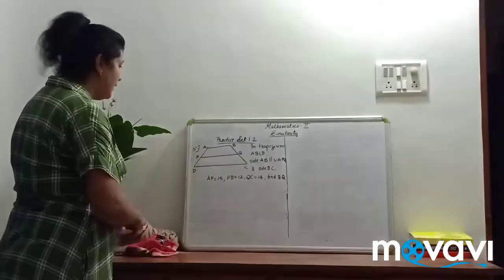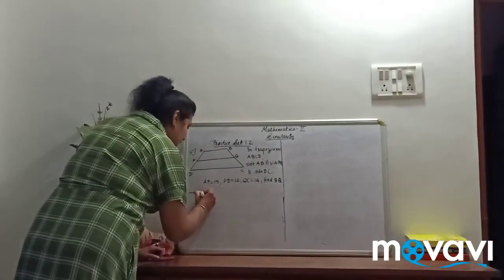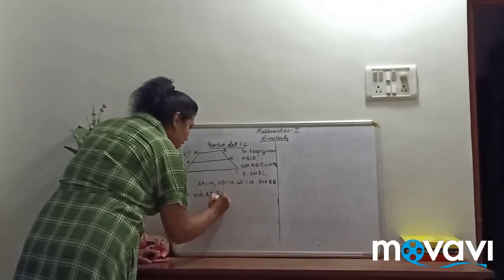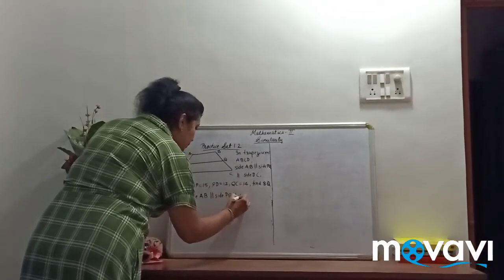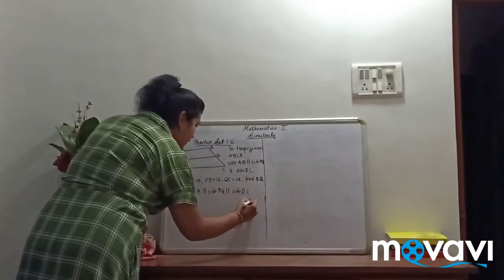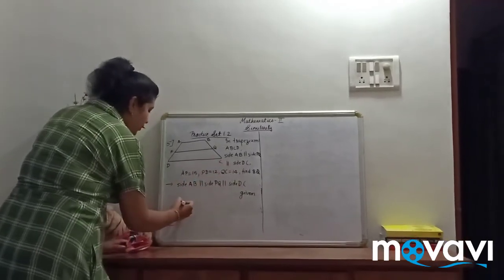Okay. So let us write down what is given to us. First thing given to us is side AB is parallel to side PQ is parallel to side DC. This is given to us. Okay. And all these given measurements, we are going to write it down.